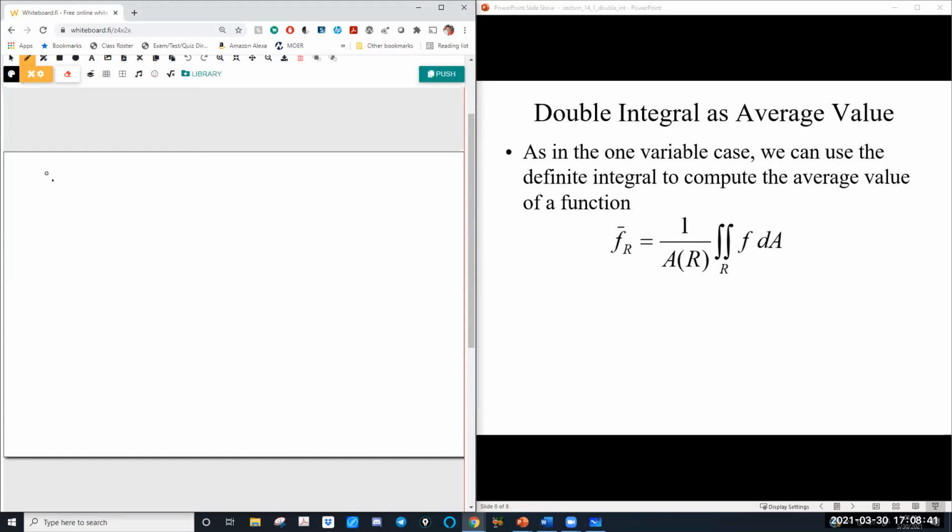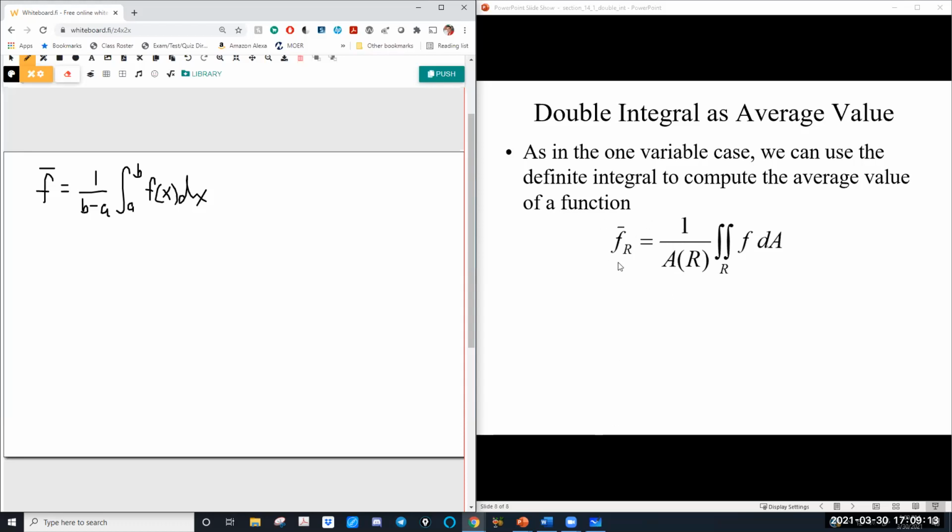So in Calc 1, the average value of our function, this should look familiar, was 1 over b minus a times the integral from a to b of f of x dx. So you divide it by the length of the interval to get the average value of your function. In multivariable, you divide by the area of the region. All right.